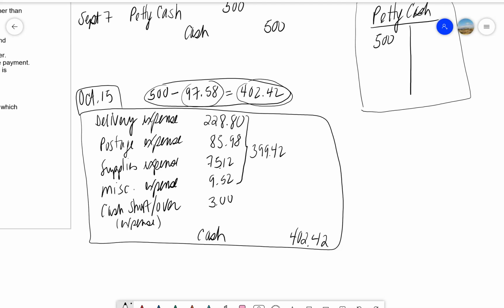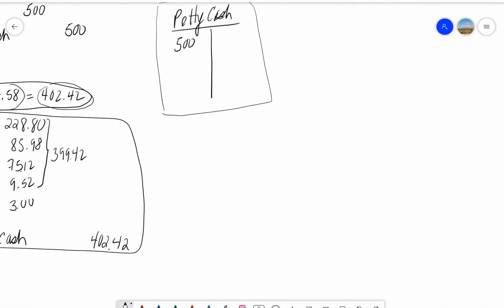Now exercise 8-22 is just a continuation. And it says here that the company now decides that $500 is too much. They want to bring it down by 100. And so let's have another look at the T account then. It's currently at 500.